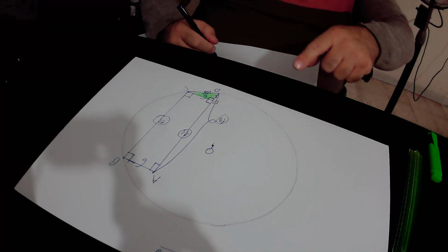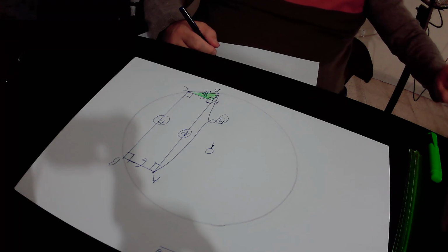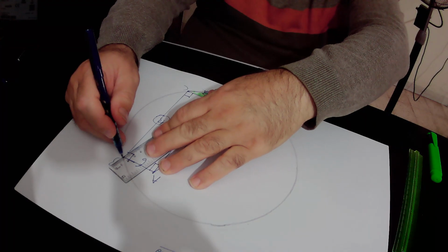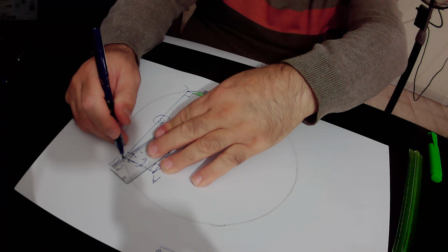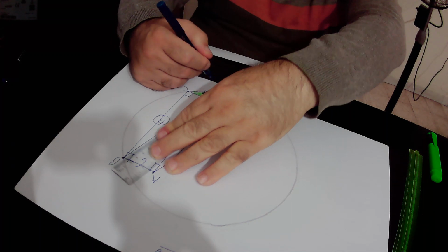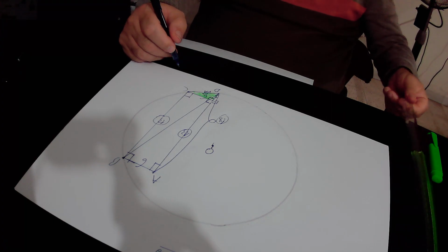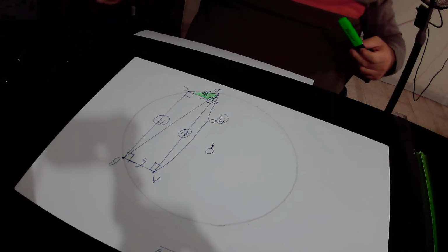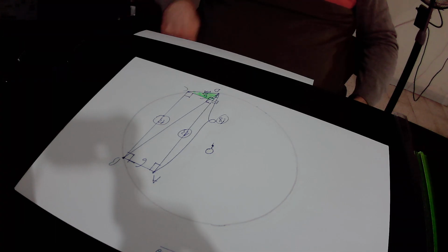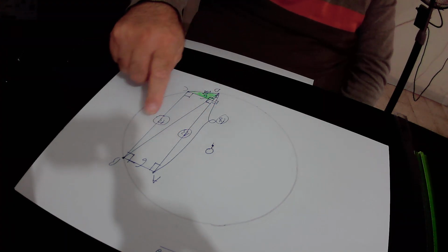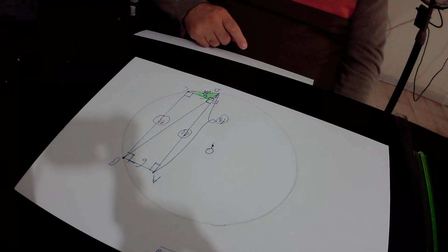In the next step, we will join points B and D together by a straight line. By joining points B and D, we created the right triangle ABD. So we will implement the Pythagoras theorem on the big green right triangle ABD.